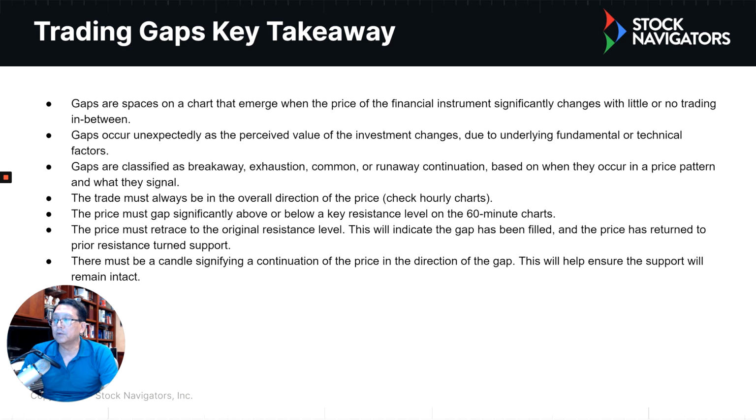The price must retrace to the original resistance level. This will indicate the gap has been filled and the price has returned to the prior resistance, which has now turned into support. There must be a candle signifying a continuation of the price in the direction of the gap. This will help ensure the support will remain intact.